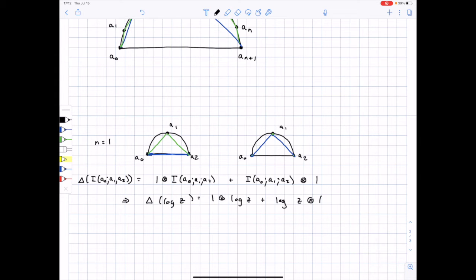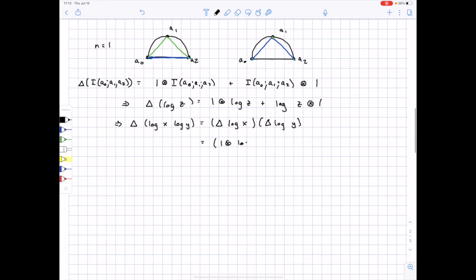And from this, we can build up the coproduct of any product of logs, remember, because coproduct and product are compatible. So this is one way we start getting higher weight functions and their coproducts. So we have log x log y. This would be the product of the coproducts. And so this is 1 tensor log x plus log x tensor 1, same with x replaced by y in the second factor.